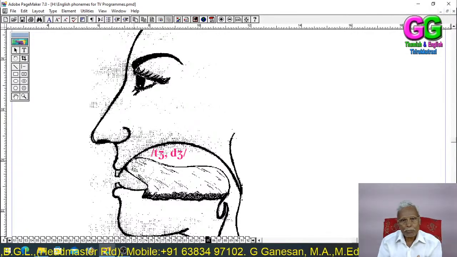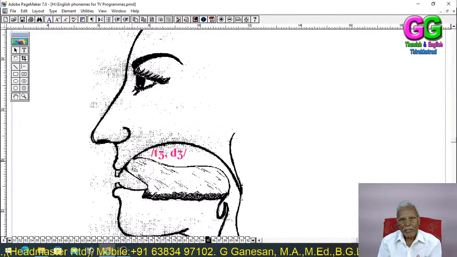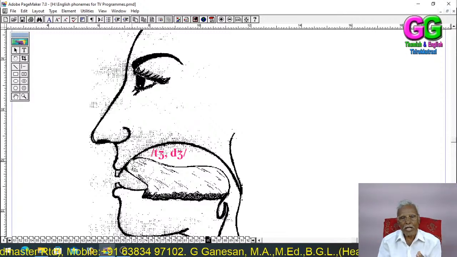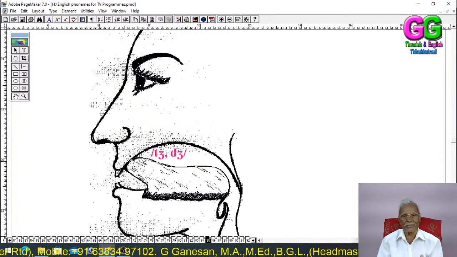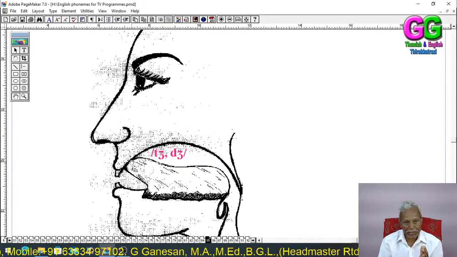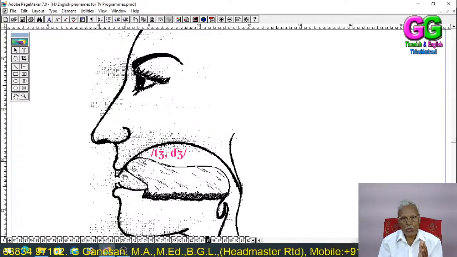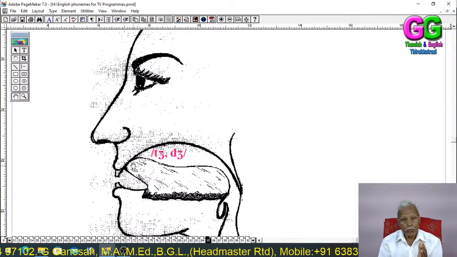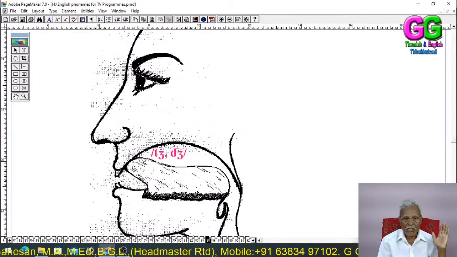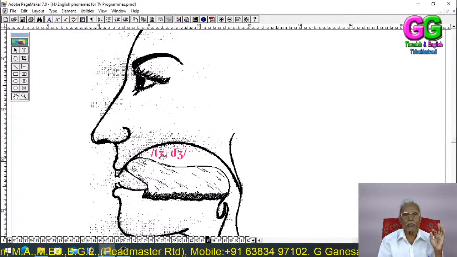Now the air pushed out by the front tongue, which is in the palatal region, comes out through the space and finally comes out through the mouth. This is the way these two phonemes are produced.